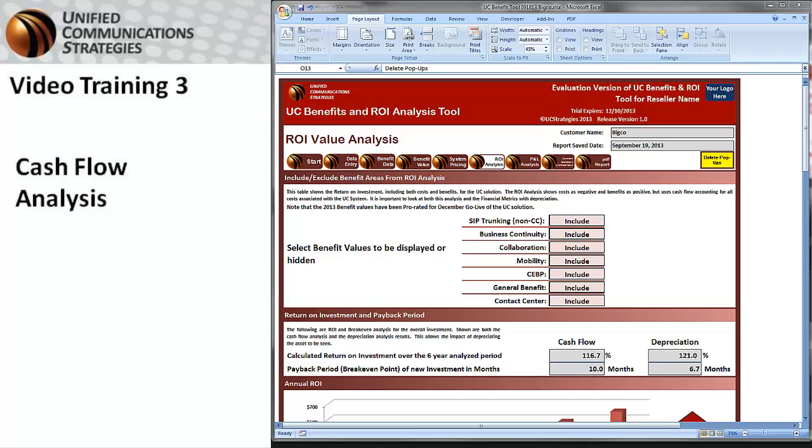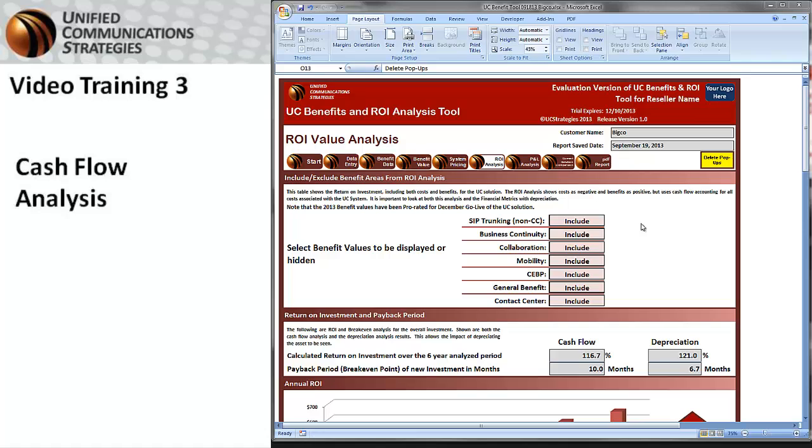In a cash model, that entire $700,000 will be treated as an expense in the first year. So a negative $700,000 of impact. In a depreciation or P&L model, that $700,000 might be depreciated over 7 years at $100,000 a year. So the impact in the first year is only $100,000.